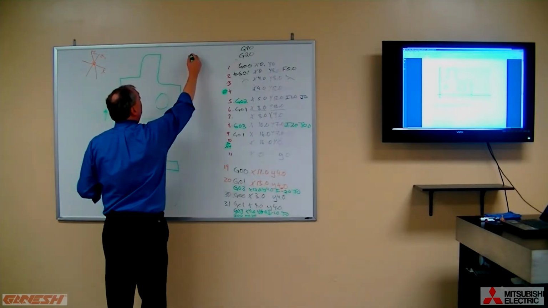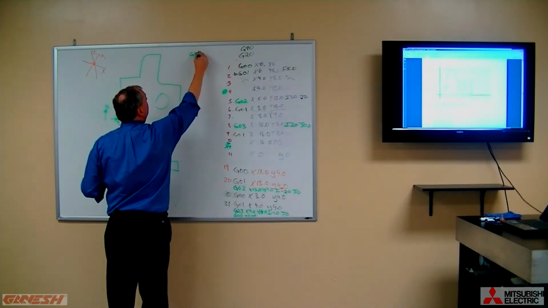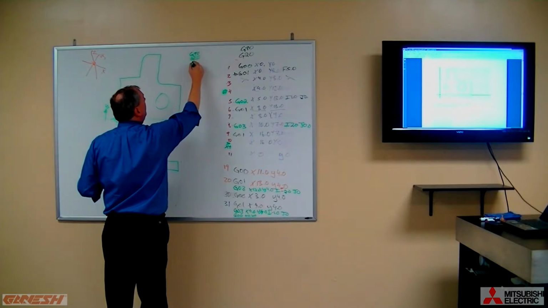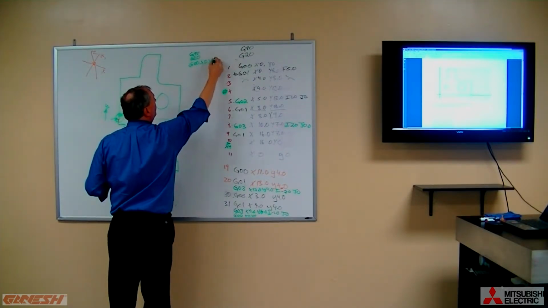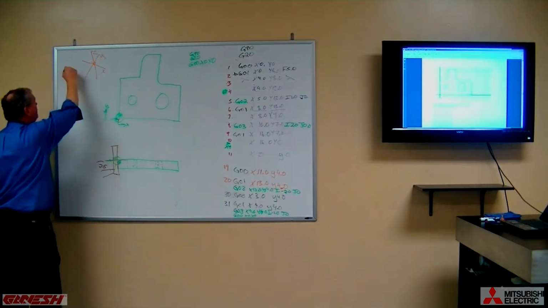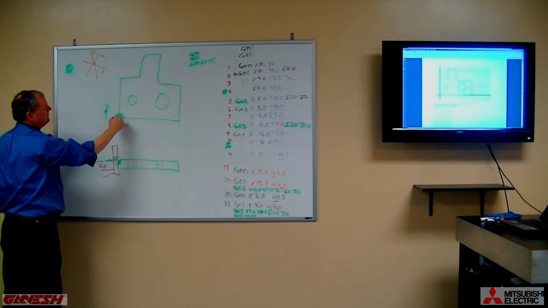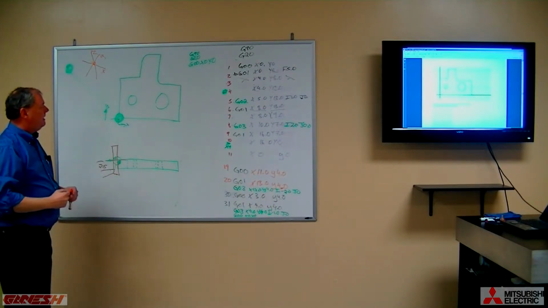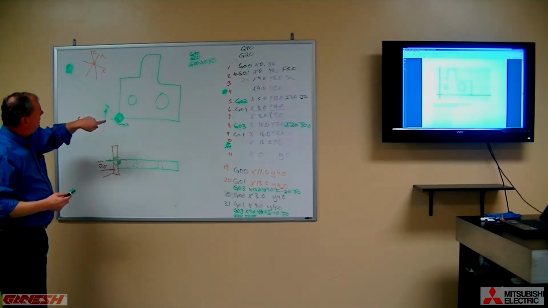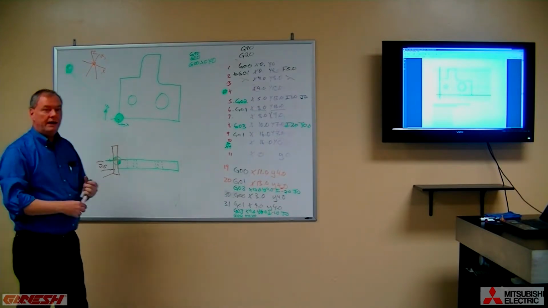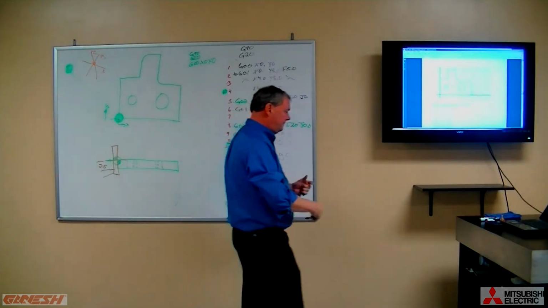So we start our program off with G90, G20, and then we say, hey, G00, X0, Y0. So now, wherever the machine happened to be, it now makes a move to the origin. So it would be a good thing to bring the z down to depth right about now, at this time.